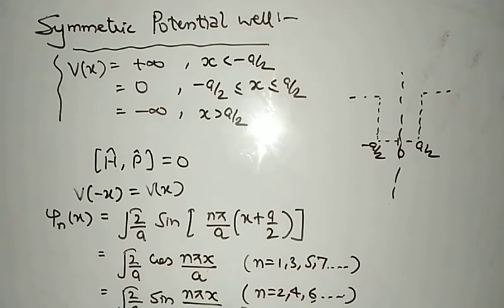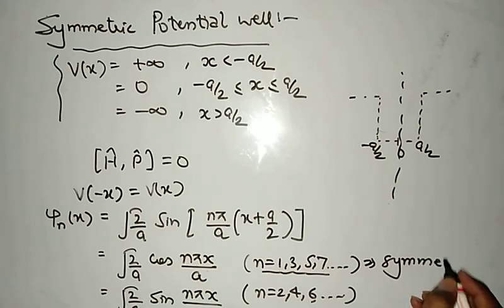So the wave functions corresponding to odd quantum numbers are symmetric, whereas those for even quantum numbers are antisymmetric.